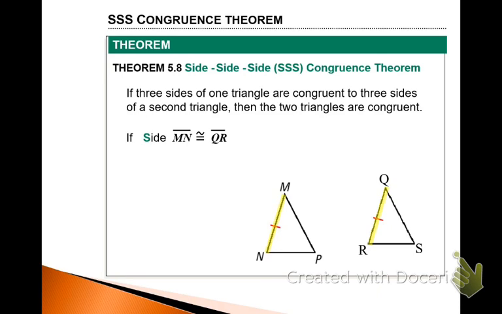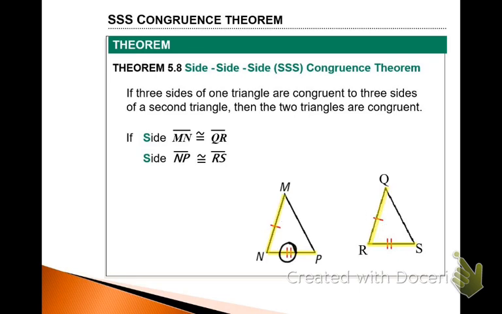So the first thing that you'll want to write in, you'll see a blank for it, is that side MN is congruent to side QR. Alright, so there's our first S. Our second would be that NP is congruent to RS. Now make sure that you're also filling in the tick marks on the triangles. They're very important. The one tick mark is congruent to the one tick mark.